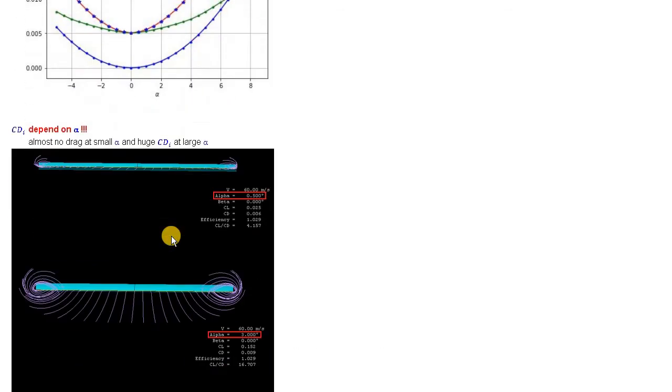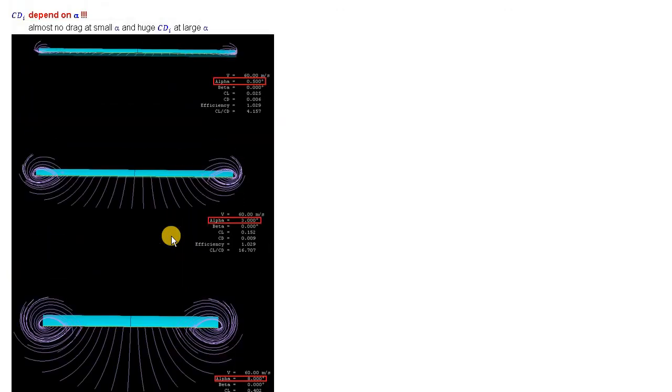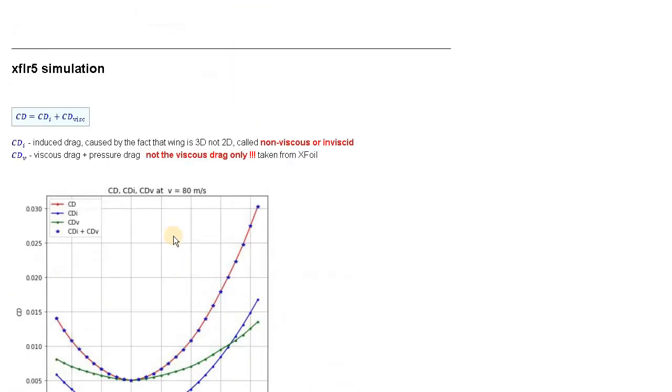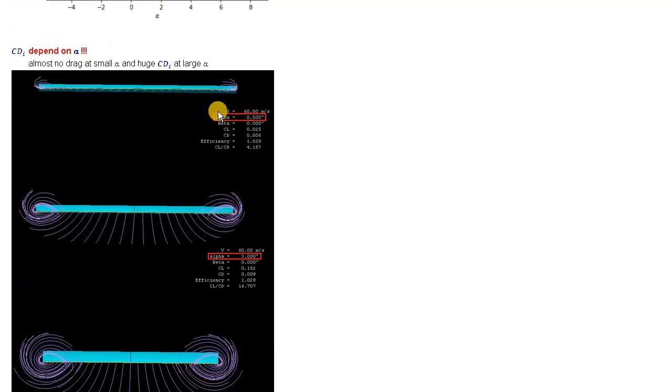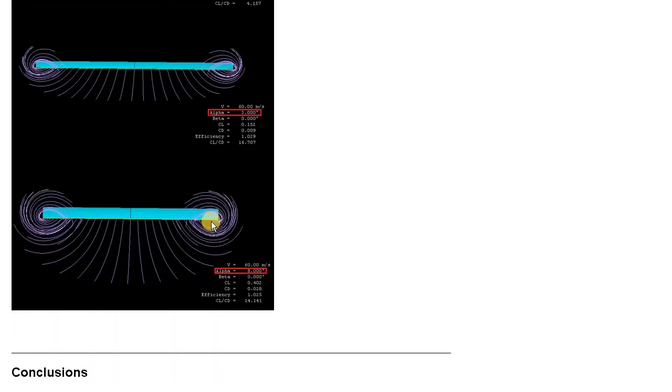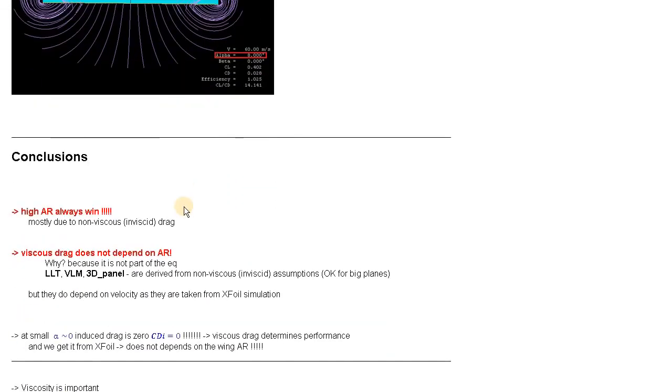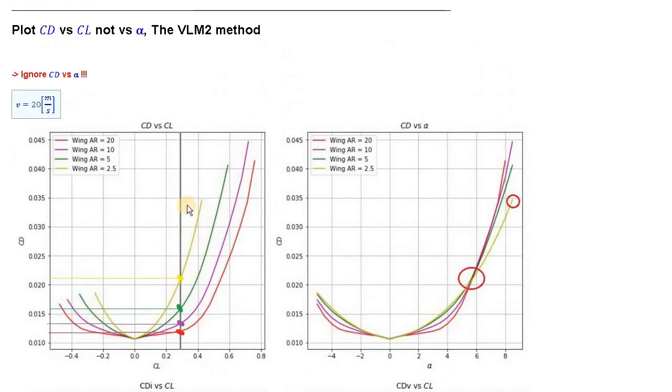Okay, and what else? We can say that this software, XFoil, I think it's doing a good job. We can see how the induced drag is different for different aspect ratios. We can see the vortices, and we can run the simulation. We can obtain some results.